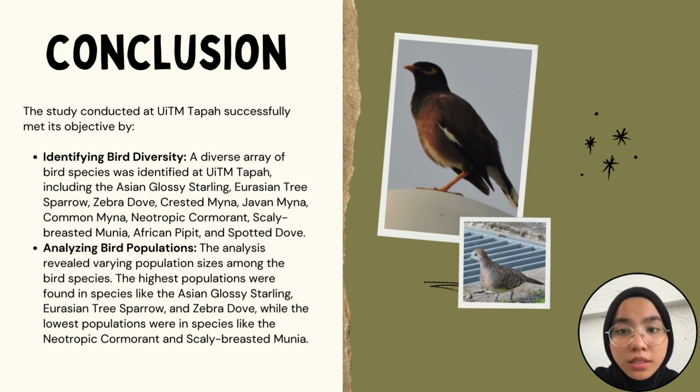Third is determining population sizes. The study quantified the population sizes of the observed bird species, with the highest population ranging from 30 to 40 individuals, and the lowest population fewer than 5 individuals.